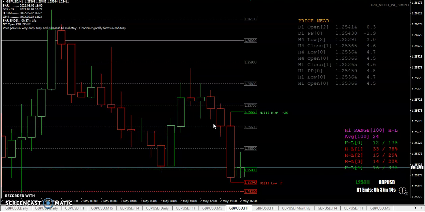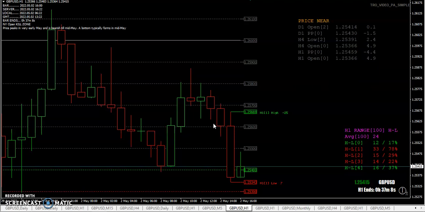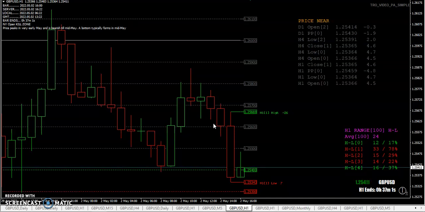So maybe instead of risking a lot or two lots per trade, whether it's a full lot or a mini lot, maybe you go down and risk a dime a pip, where if you lose 100 pips, that's only 10 bucks.